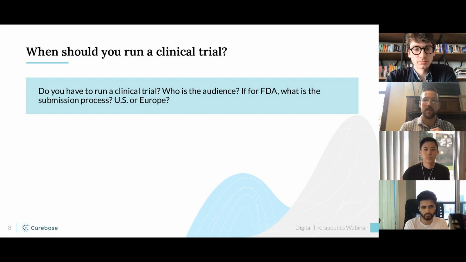For us, at the very beginning, we decided to do in-person, in-clinic trials with our digital therapeutic because we wanted to limit confounding variables. We wanted it to look more like a traditional trial for the case we were trying to make, and we wanted to understand the pure effects of the intervention.